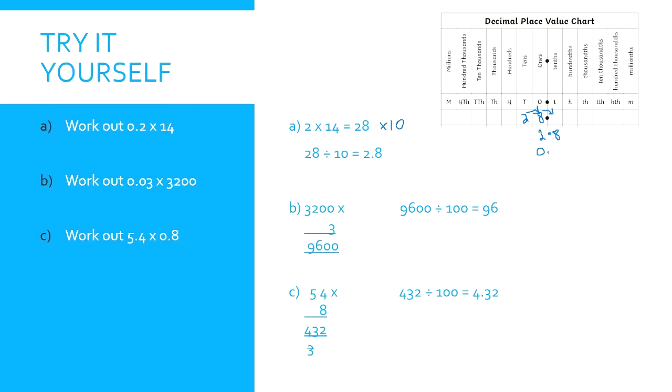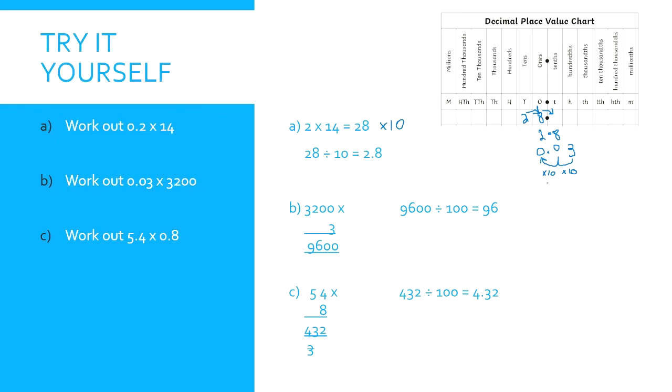0.03 in my place value column, I've had to move the 3 twice to get it into a whole number. Or in other words, I've multiplied it by 10 twice. Another way of saying I've multiplied it by 10 twice would be to say, well, 10 times 10 is 100.